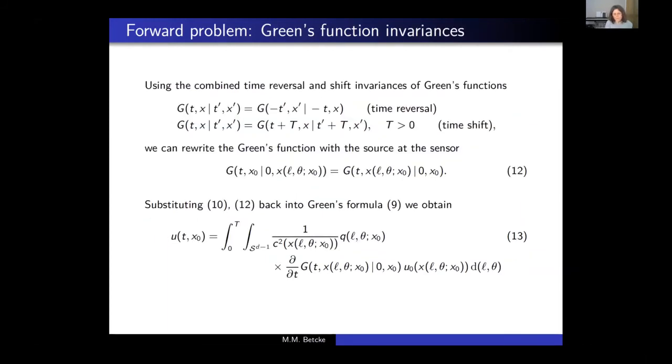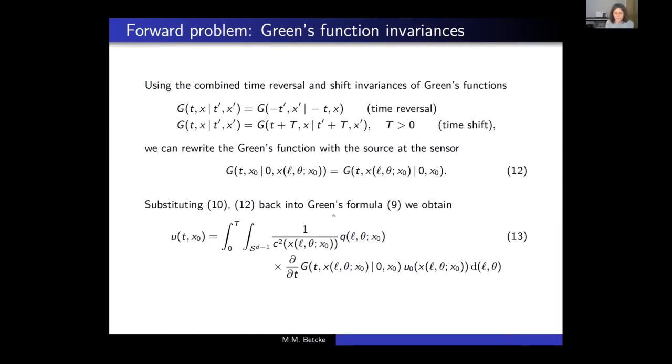Okay, so now I can use a couple of Green's function invariances, and we can rewrite the Green's function I had on the previous slide with the Green's function with the source at the sensor. This is just purely using the time reversal and shift invariances, maybe changing some of the variables under the integration to the -1, something like that.